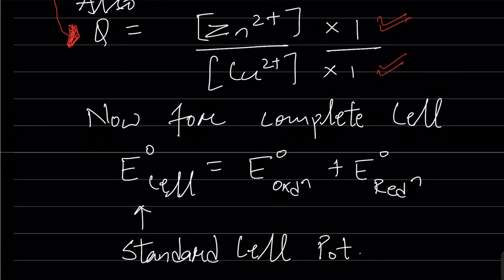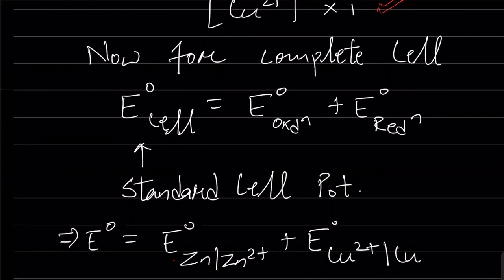Now for the complete cell, what is E naught in the standard state? Let us say the pressure is 1 bar, the concentration is 1 molar and the temperature is 298 Kelvin. Now we know very well that cell potential, I mean the voltage, is always a scalar quantity.